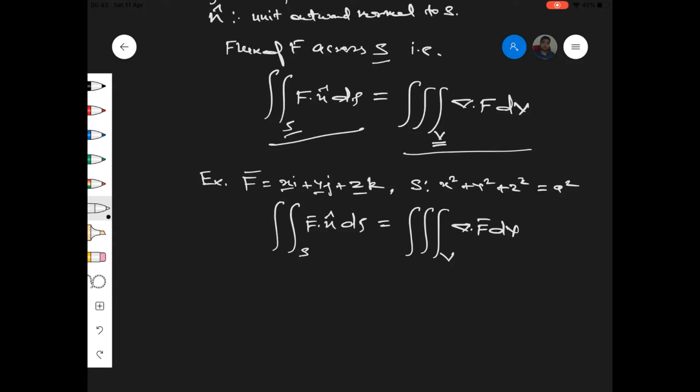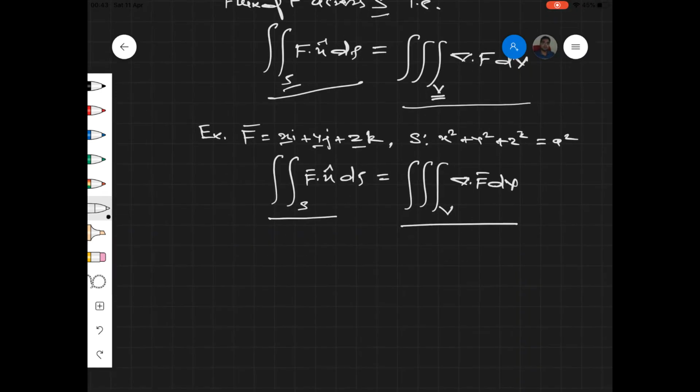So we need to evaluate the left hand side and the right hand side, and check whether both the values come out to be the same or not. If the values come out to be the same, then it will be a verification of the Gauss Divergence Theorem.